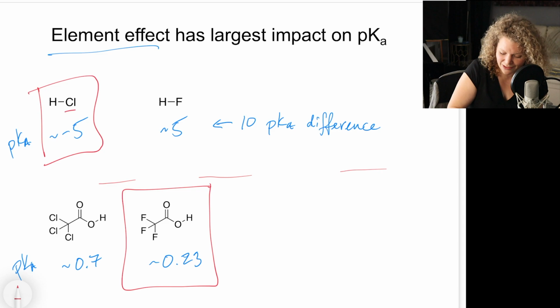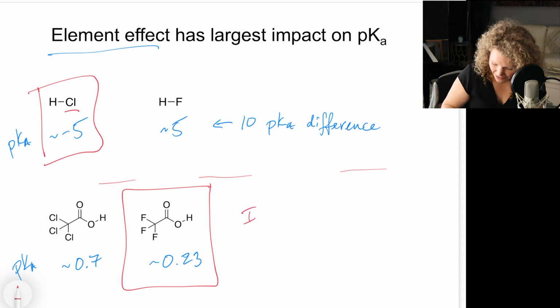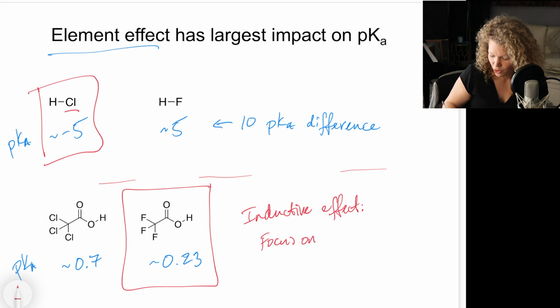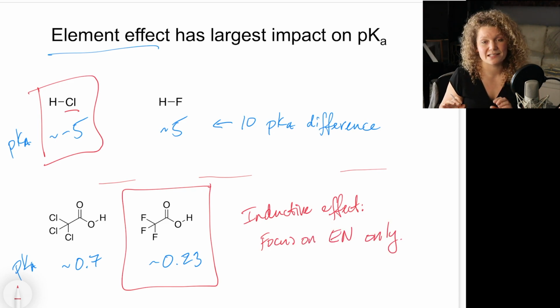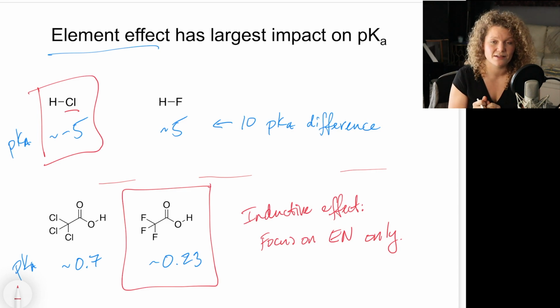Okay, chlorine is very large. For the inductive effect, you focus on electronegativity only. Okay, the inductive effect is focusing on electronegativity only, and it's how close is it to that anion that is going to form? Can it stabilize that anion?